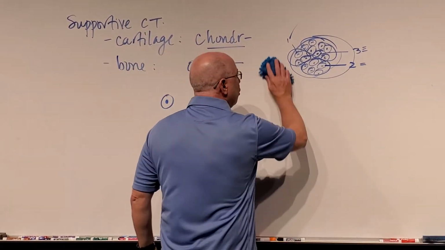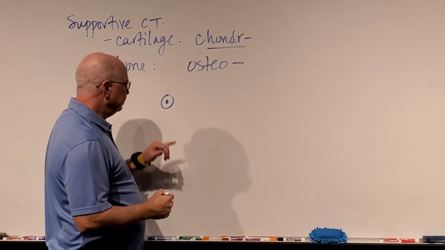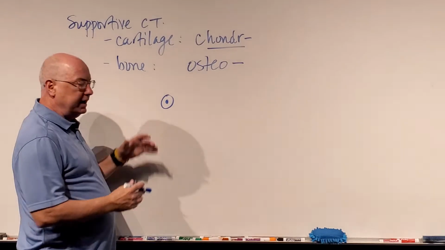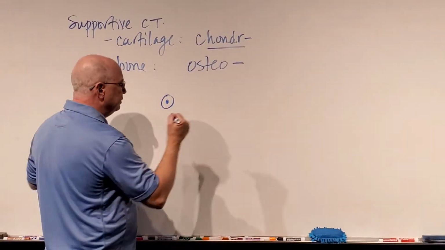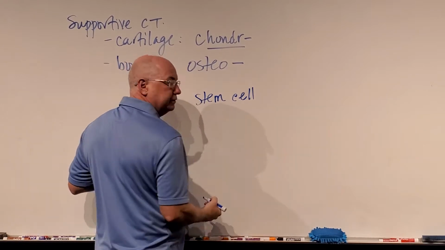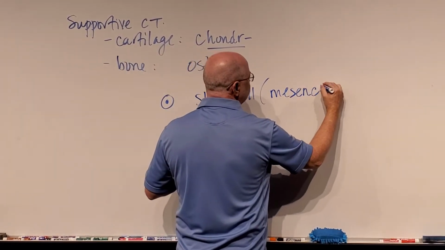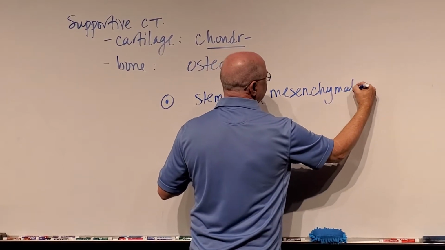So, knowing that these cells are differentiating, at some point, when we have a cell that has not developed into anything else, we call that a stem cell. Or sometimes we'll use the term mesenchymal cells.